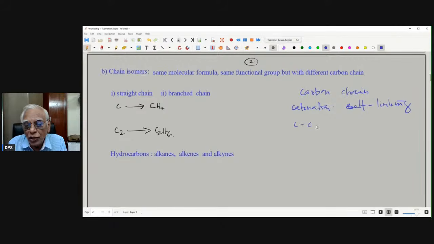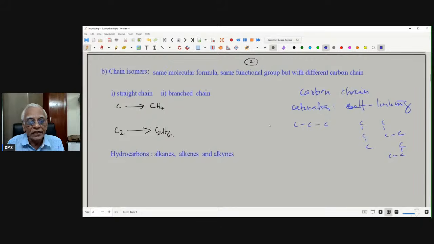You have 3 carbon atoms. Whatever way in which the 3 carbon atoms combine, there is no branch chain at all. Only one way. You can write them this way or this way, but all the 3 carbon atoms are attached continuously. So there is no branching here.